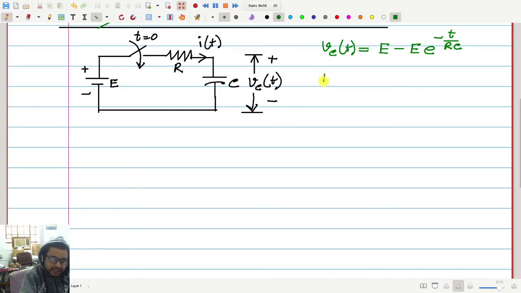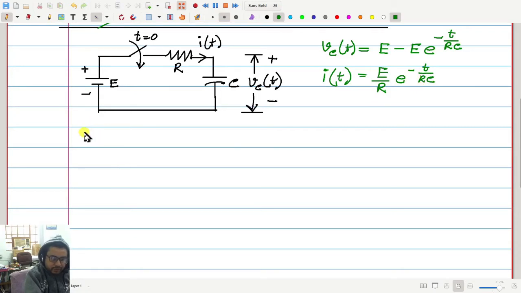And then the current I was E by R e to the power minus t by RC. Am I correct? So this is what we have derived in our last class.